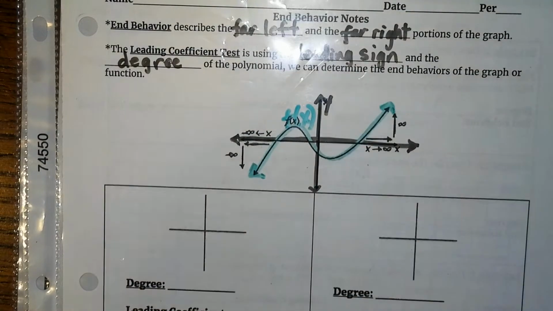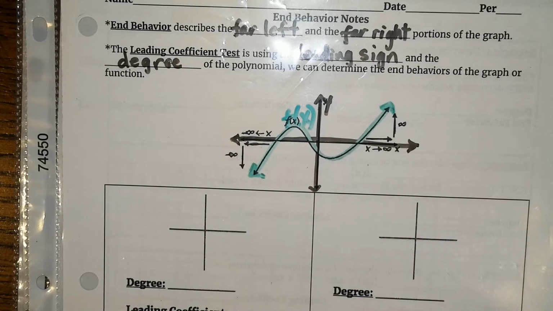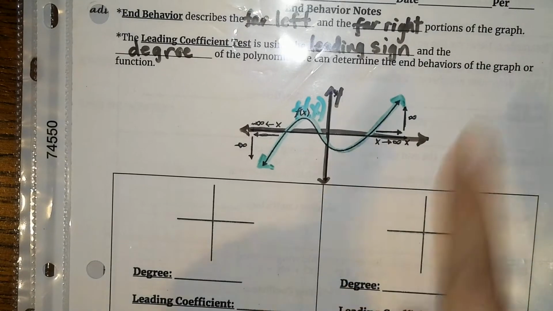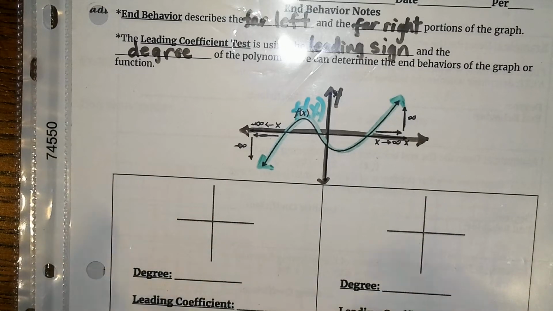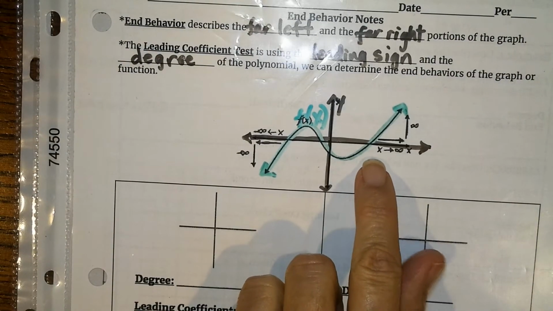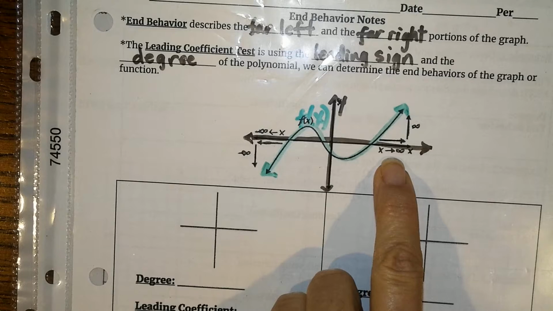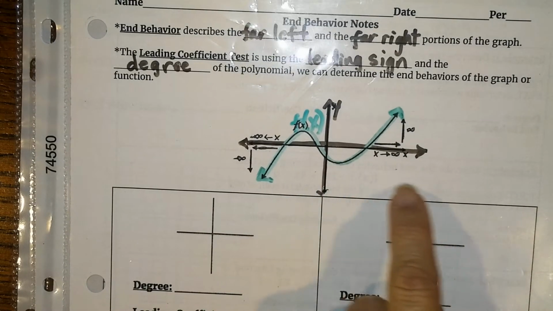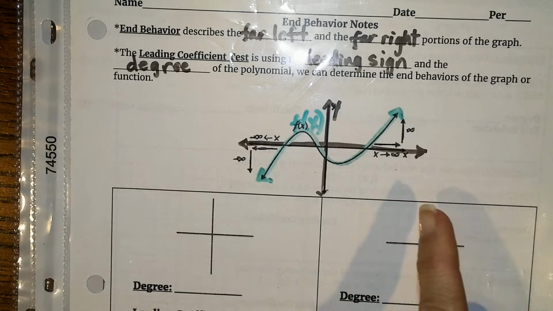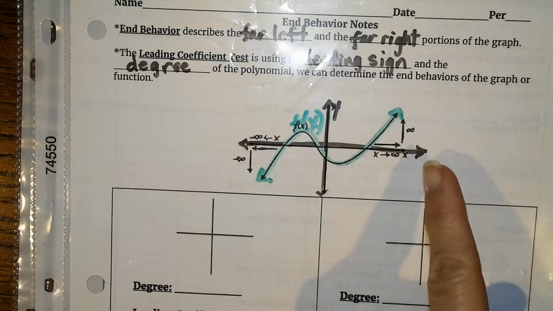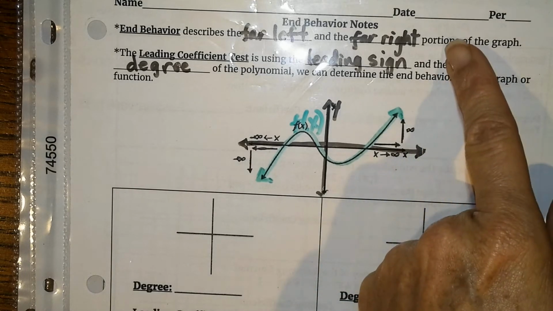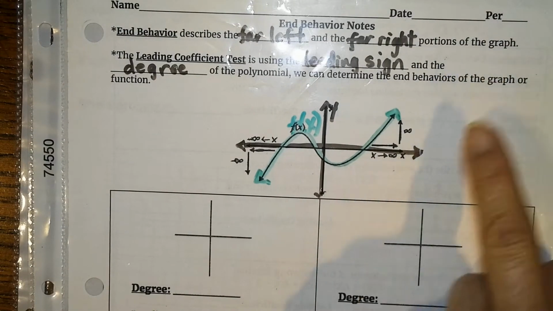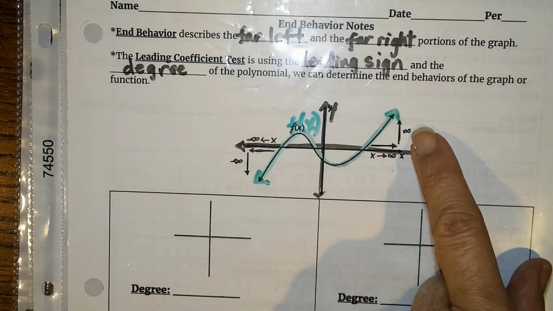You can all see that this particular one is going straight up. And so we would say that as x approaches infinity, that's what that arrow means. As x goes this way, y, or f of x, goes this way. And it keeps on going until infinity.